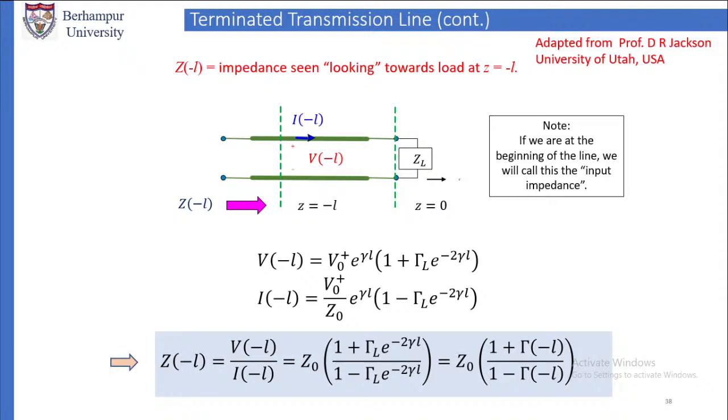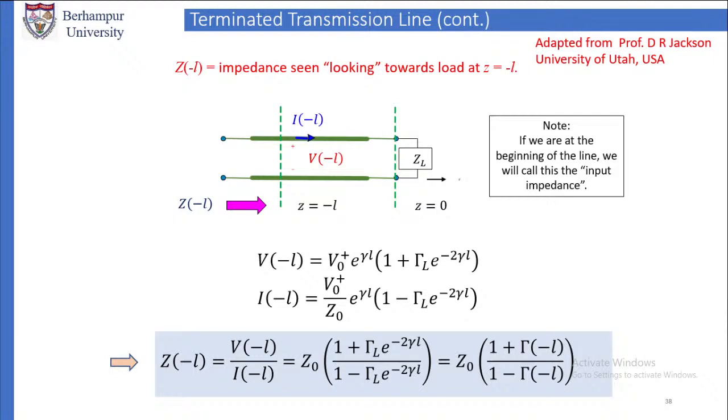Then within the bracket, we have one numerator term and one denominator term. The numerator term comes from the bracket of the voltage, and the denominator term from the bracket of the current. From the voltage bracket, we get the numerator as 1 plus gamma L exponential minus 2 gamma L. The denominator will be 1 minus gamma L exponential minus 2 gamma L. So you can write Z0 outside, whole into 1 plus gamma as a function of minus L, over 1 minus gamma as a function of minus L. For different minus L's, you will get different values.